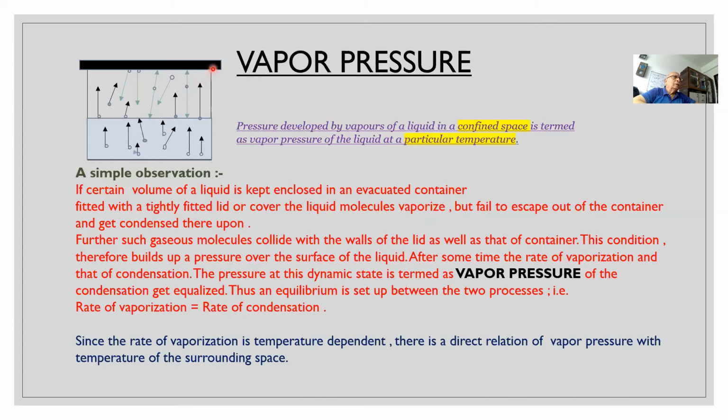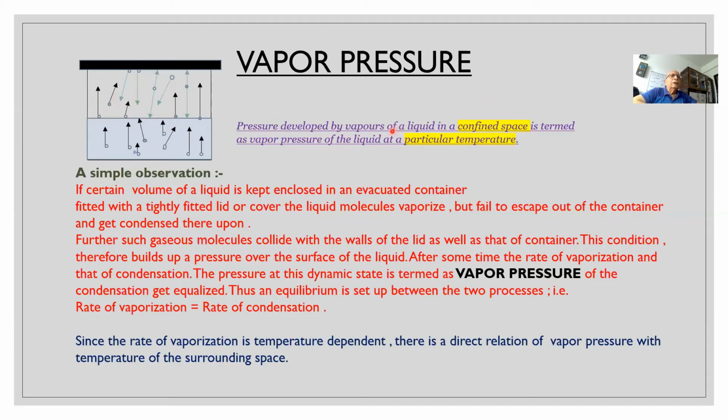under the condition that the liquid particles are not permitted to get out and they get condensed. So, mark the condition. And in this state, whatever pressure is developed by the gas in the closed container, that is known as vapor pressure, depending upon the temperature, of course.